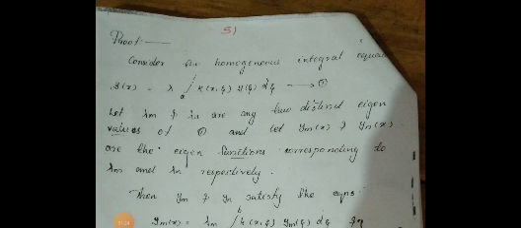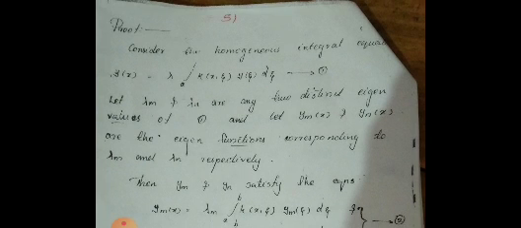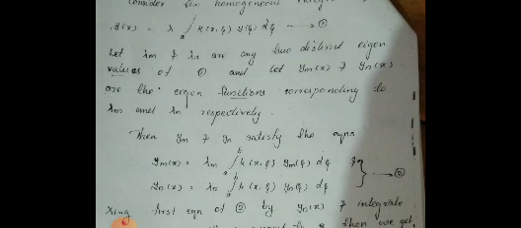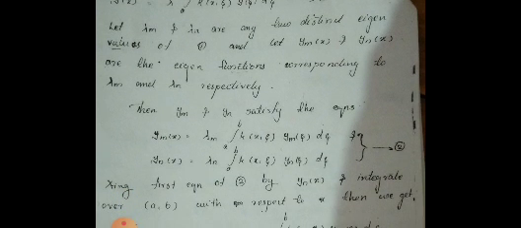The integral equation y of x equal to lambda integral 0 to 1 k of x theta y of theta d theta, where k of x theta is the kernel. Let lambda m and lambda n be any two distinct eigenvalues of the above equation, and let ym of x and yn of x be the eigenfunctions corresponding to lambda m and lambda n.